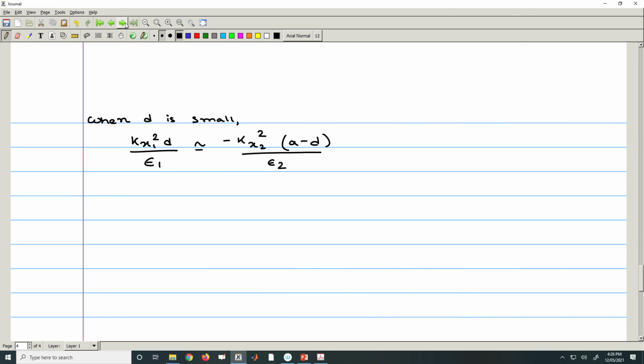So, this is the case when d is small. Let us denote this equation as equation number 6.